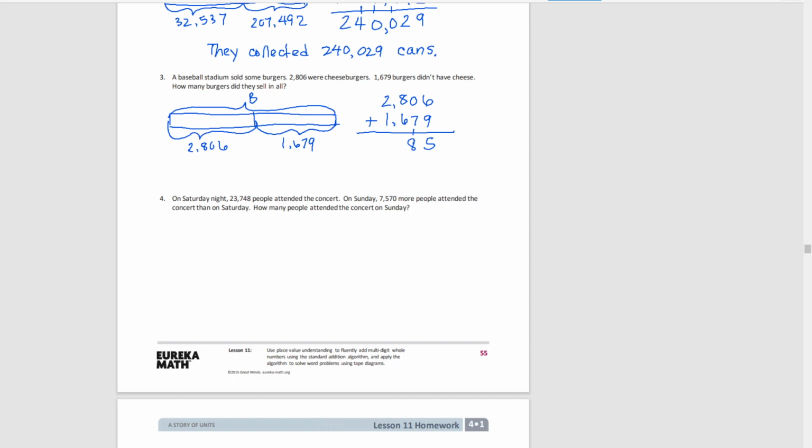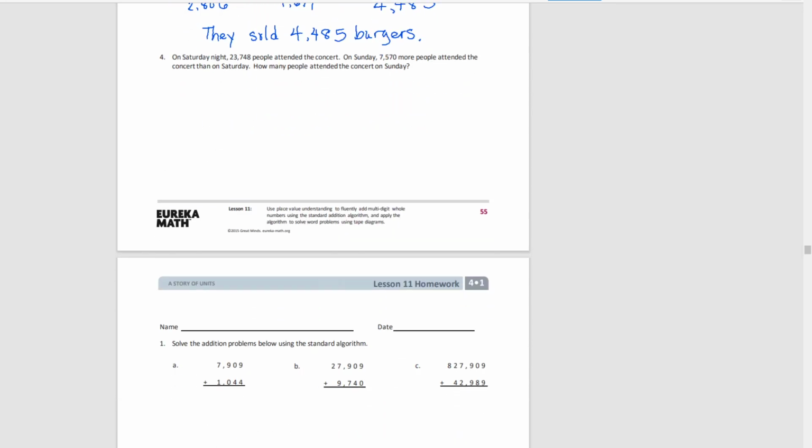We have 8 tens. 8 plus 6 hundreds is 14 hundreds. And 2 plus 1 plus 1 is 4 thousands. So they sold 4,485 burgers. Okay, pause the video and try number 4.